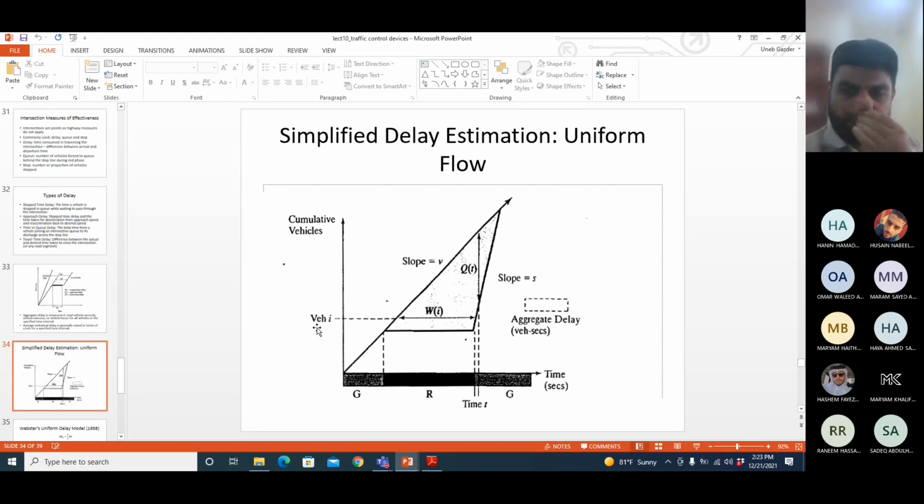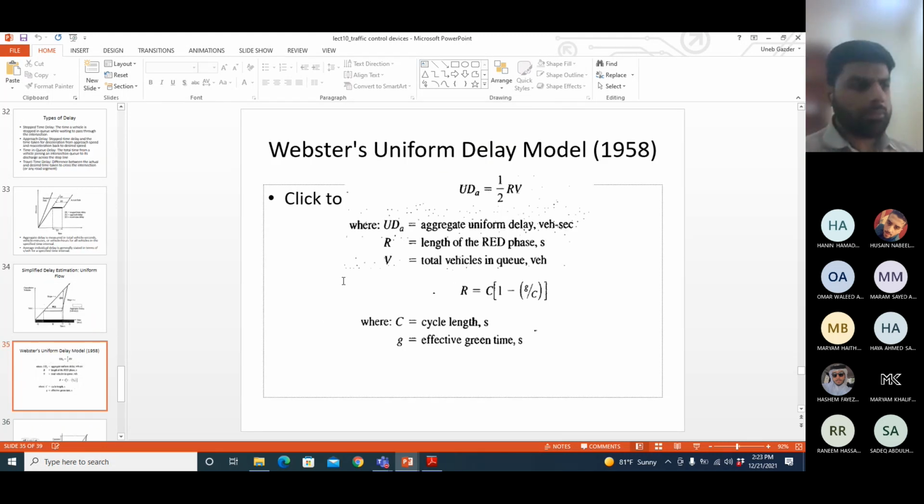Now the previous graph is for uniform flow condition, and other names given to uniform flow condition are undersaturated, below capacity, or sustainable flow.